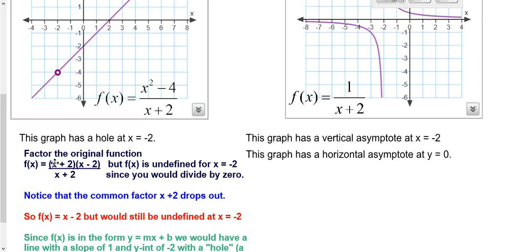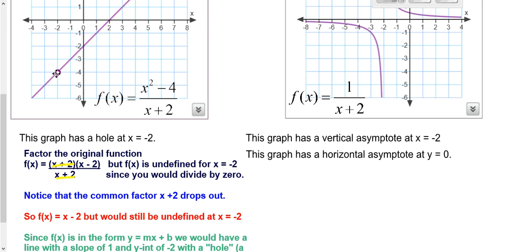Now, when you cross these out, what are you left with? Well, you're just left with that x minus 2. Well, when you graph x minus 2, you know that that's just a line, slope of 1, y-intercept of negative 2. So you just graph that diagonal line. But we know it's going to be undefined right here on our graph when x is negative 2.